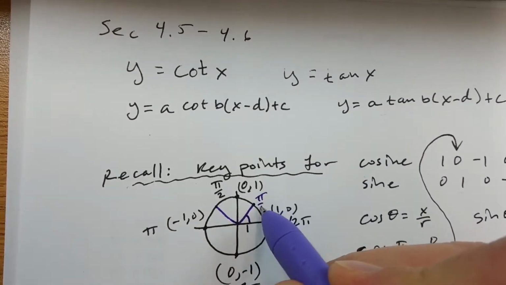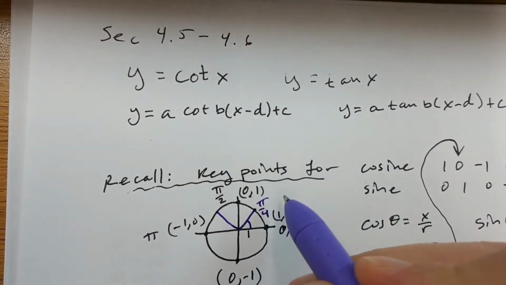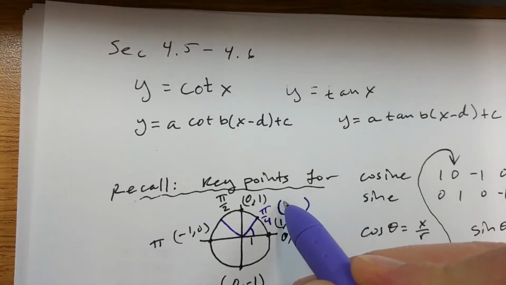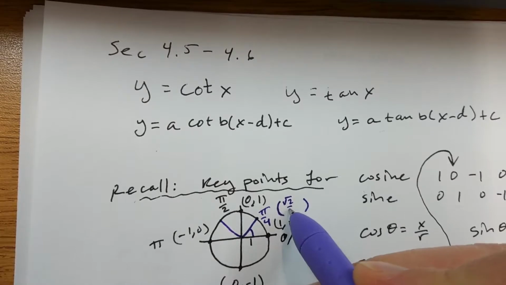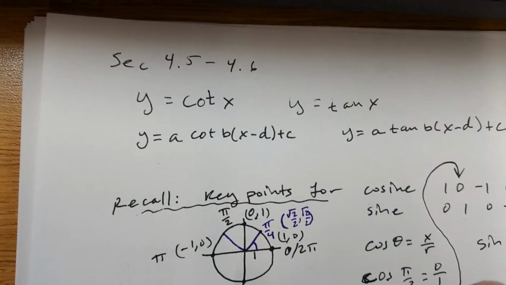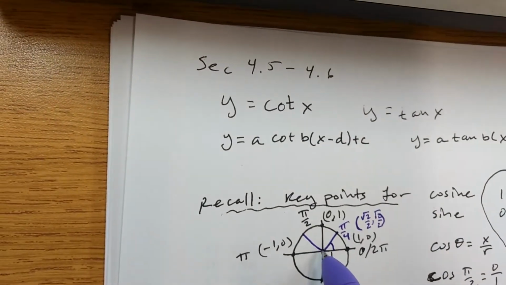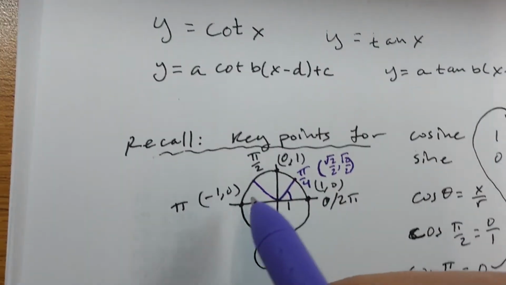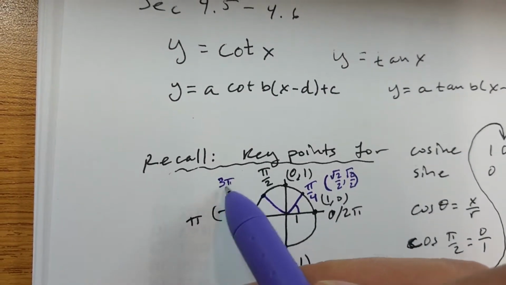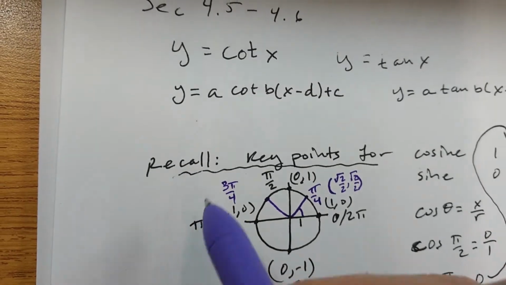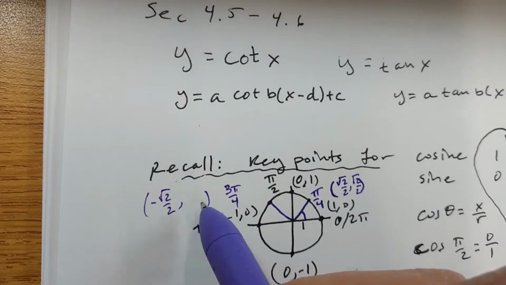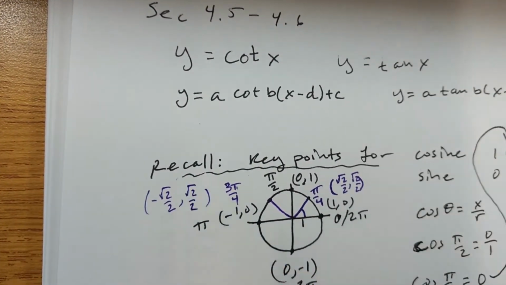So when our angle is pi over 4, notice that our x value on this circle has to be equal to the y value. The x value here is square root of 2 over 2, and the y value is also square root of 2 over 2. And then over in the second quadrant, this angle is 3 pi over 4, and our x value will be negative square root of 2 over 2, while the y value is the square root of 2 over 2.